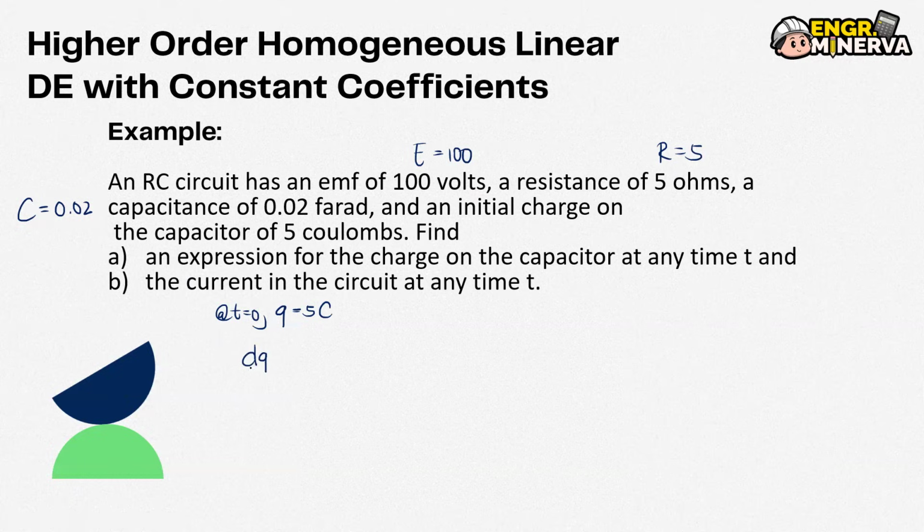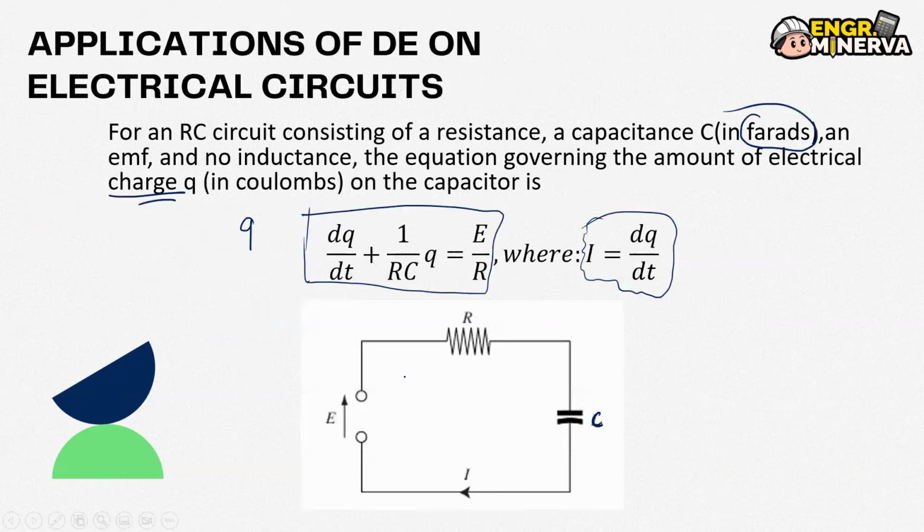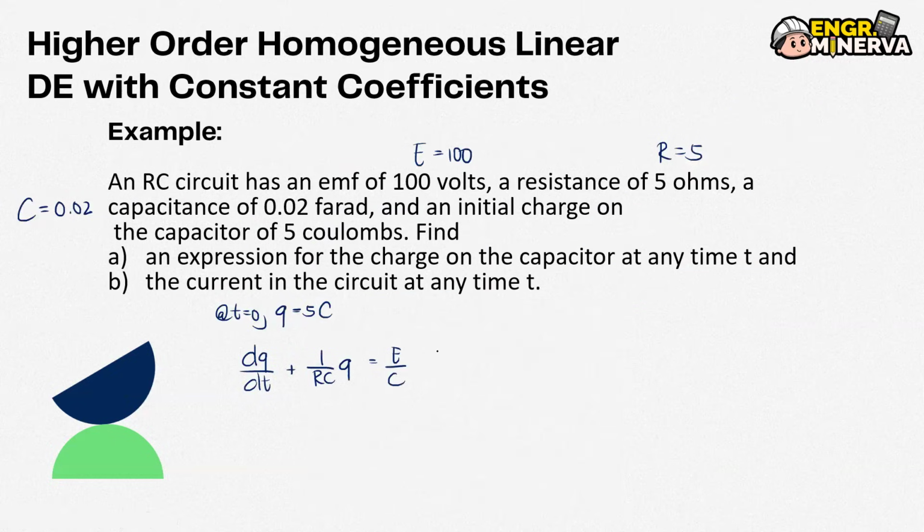So first, we need to get the expression of the charge. That would be dq over dt plus 1 over RC Q equals E over R. So let's substitute: dq over dt plus 1 over 5 times 0.02 Q equals 100 divided by 5.